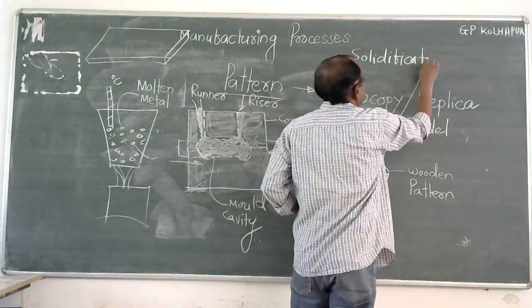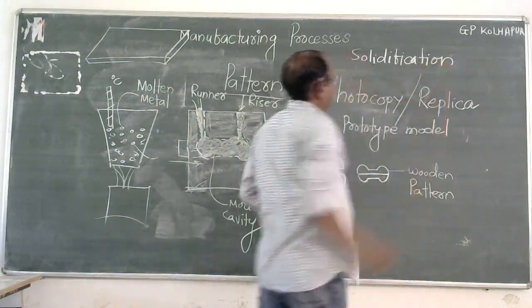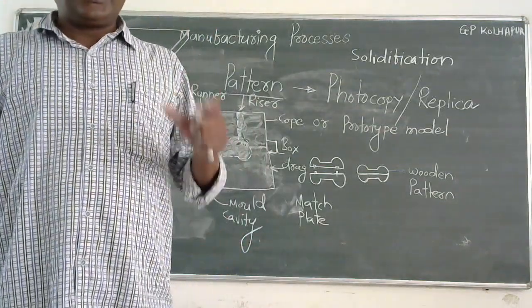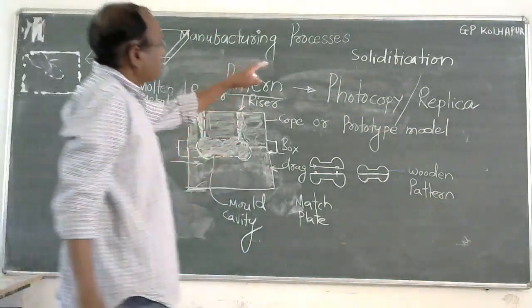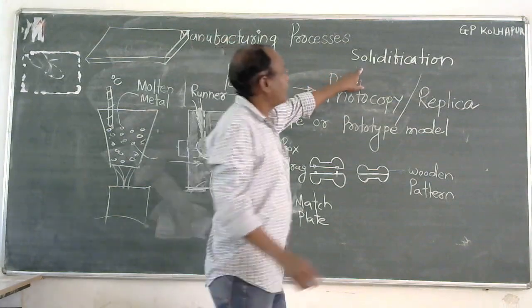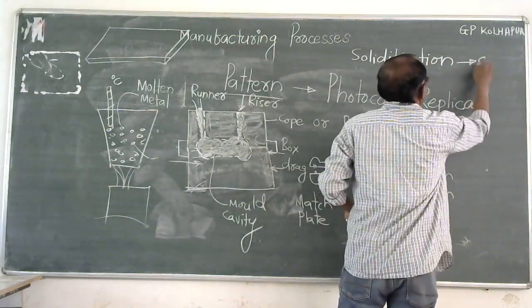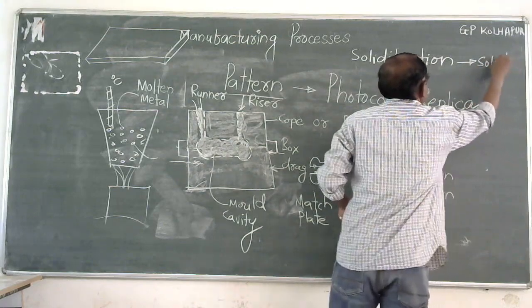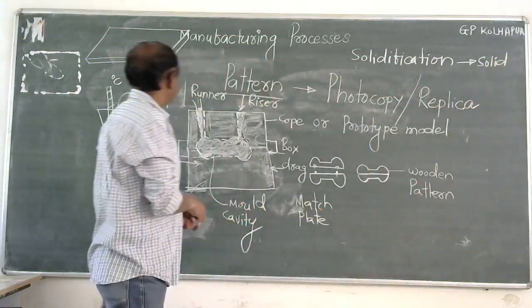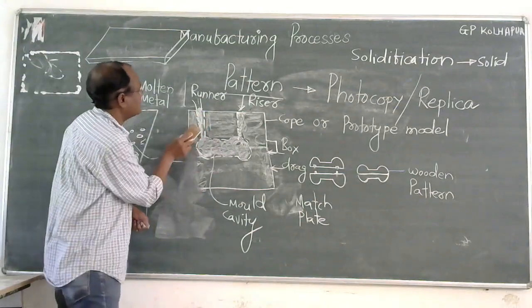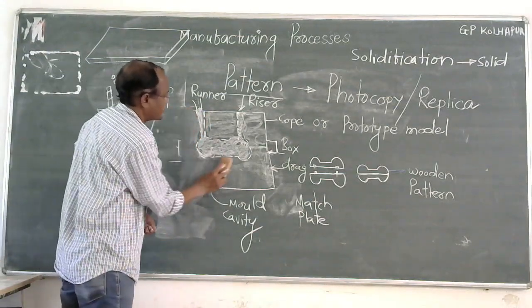Once you keep the molten metal at room temperature, the molten metal is converted into solid. This portion is converted into solid formation.